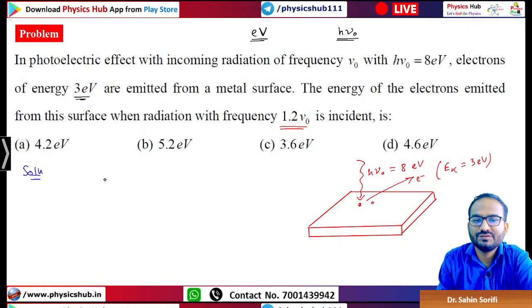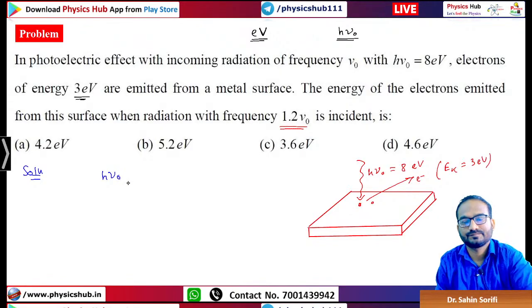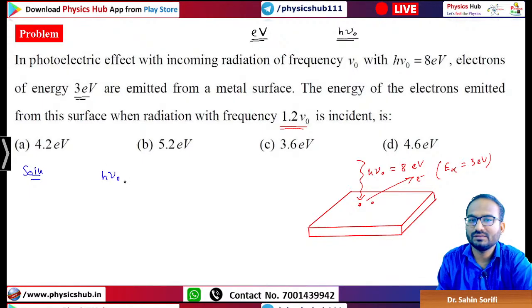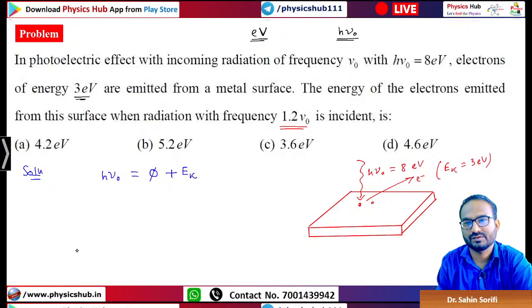Initially h nu 0 is coming, so this is the total energy you have. This will be used to overcome the work function of the material, and the remaining energy will be emitted as the kinetic energy of the electron.